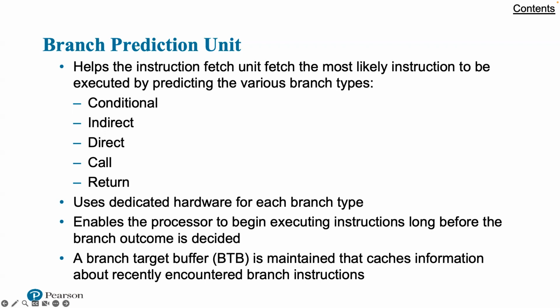Branch prediction enables the processor to begin executing instructions long before the branch outcome is decided. The microarchitecture uses a dynamic branch prediction strategy based on the history of recent executions of branch instructions. There is a branch target buffer, or BTB, that is maintained and caches information about recently encountered branch instructions.